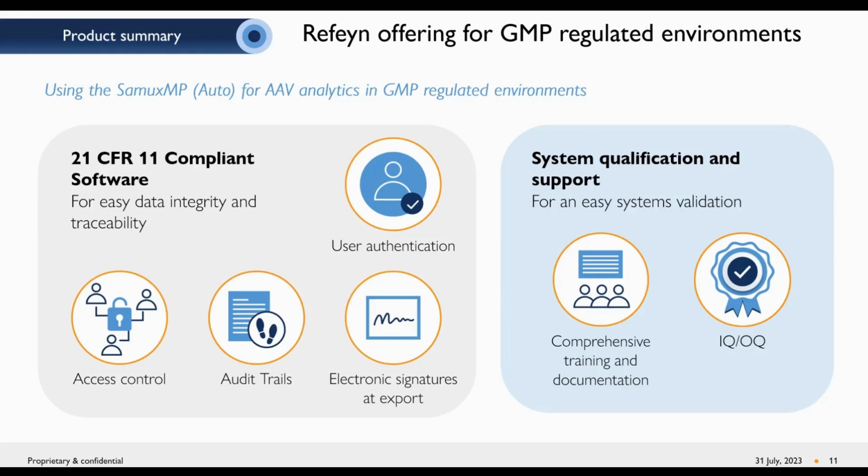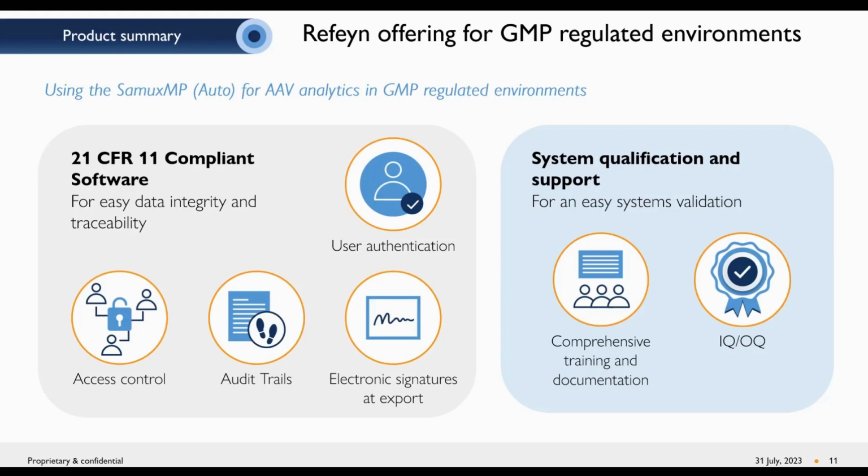The 21 CFR Part 11 compliant software package includes functionality on user authentication and access control, and also audit trails to enable the data traceability and integrity that is required, recording who did what and when. The software package also includes electronic signatures when exporting files from the analysis application, which will contain the final AAV ratios. Besides the software, like I mentioned before, we will also offer the installation and operation qualifications for the instrument, which will be performed by a member of our services team.